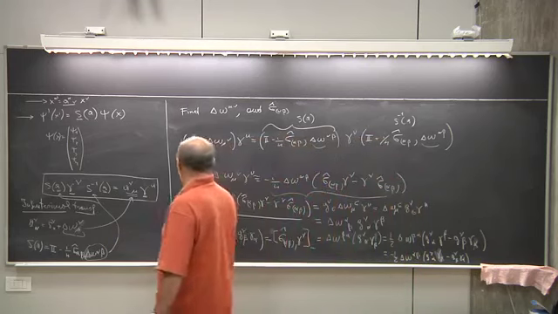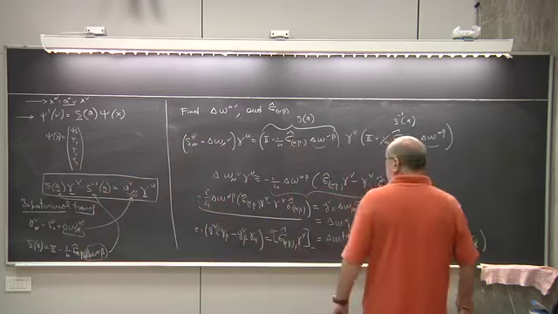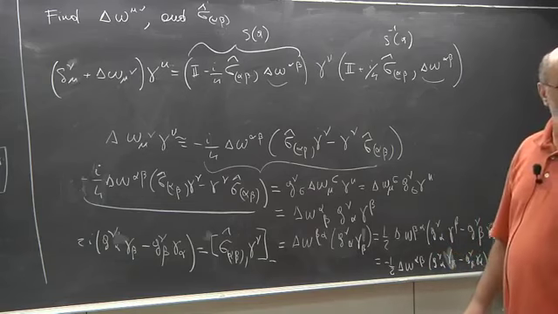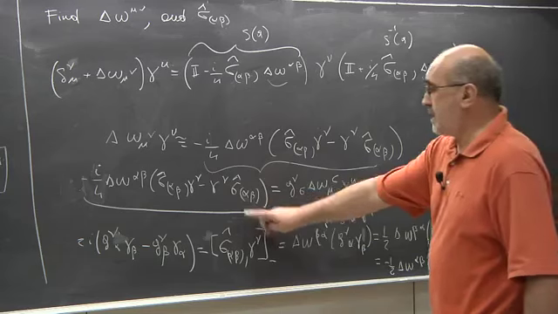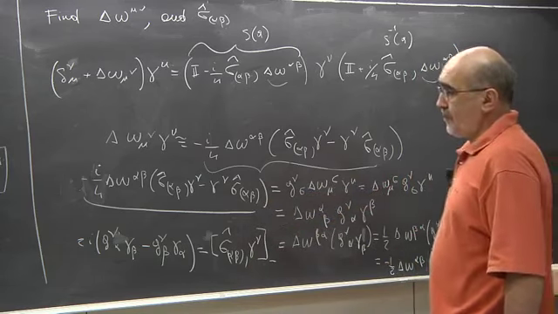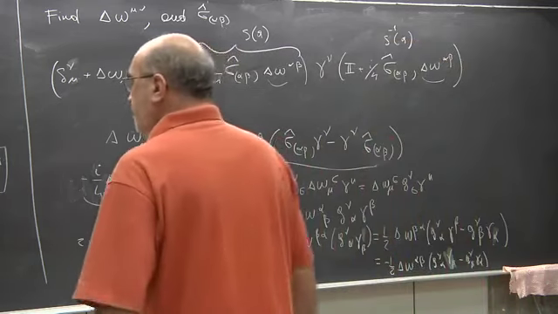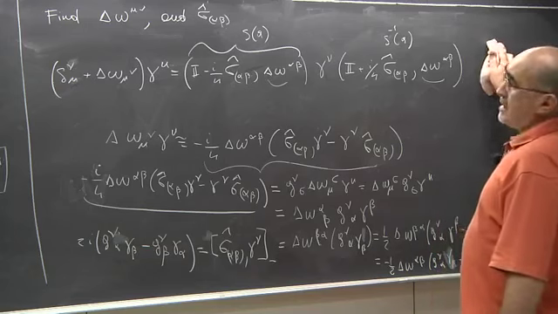So let me write down this relation because it's very important. What can I cancel? So basically I'm comparing this with this to get this relation. Can I cancel this?